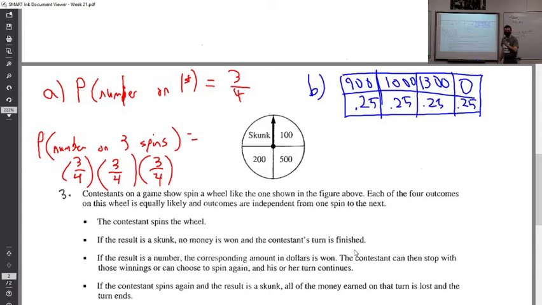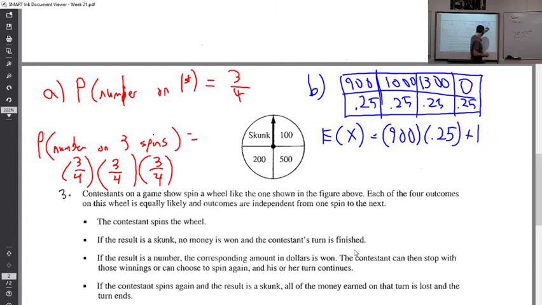So to get our expected value here, remember that the formula for expected value is value times probability of it happening, and then we add all those together. So 900 times the probability of 900 plus 1,000 times the probability of 1,000 plus 1,300 times the probability of 1,300 plus 0 times the probability of 0.